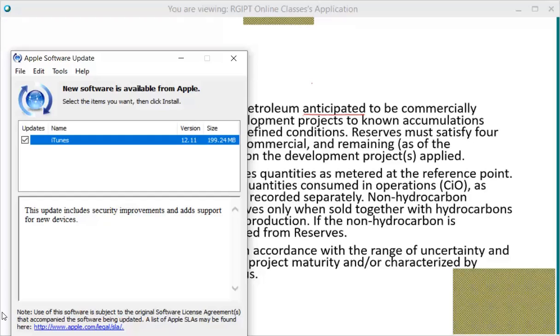The question is, how is the base price of reserve estimation estimated? That's a very good question. What the company does is they look at their lifting cost. How much actually is going to be their lifting cost? And of course, they are going to look at if the oil price is this, can we still be profitable?